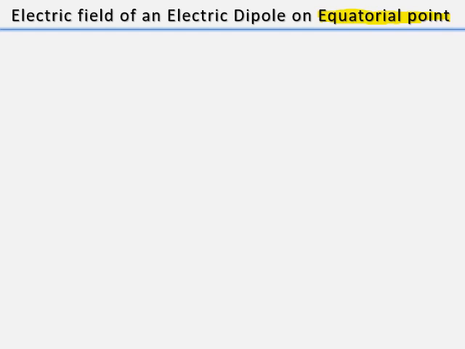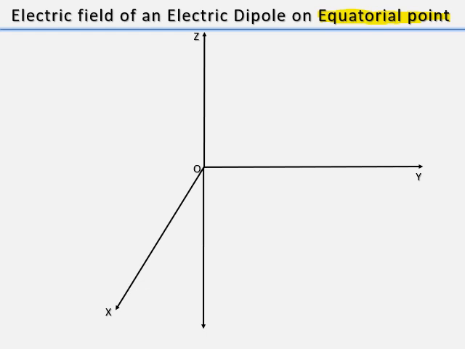First we'll consider our Cartesian coordinate system as shown here with x, y, z axis and origin as O. Let us place our dipole with charges plus q and minus q in such a way that the midpoint of the dipole coincides with the origin of our coordinate system.